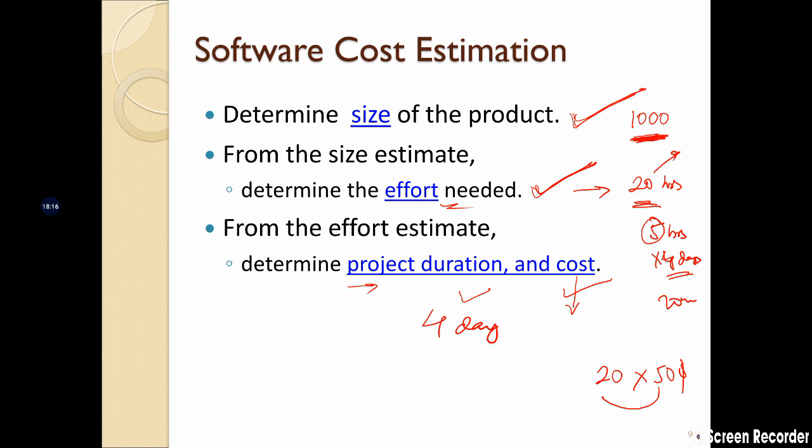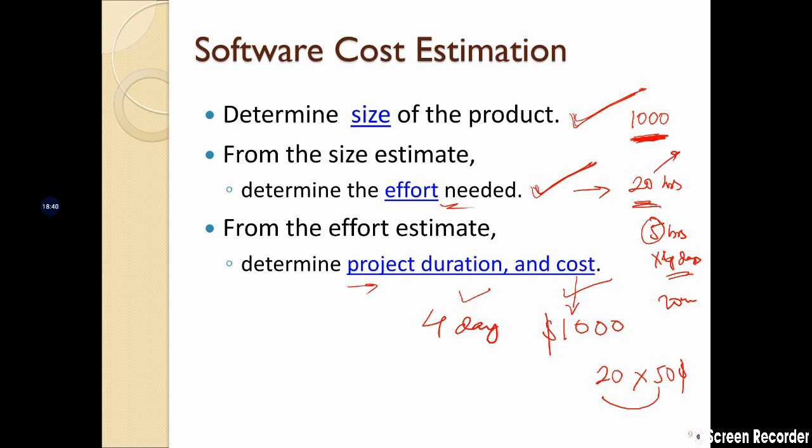The cost is going to be $1,000. So this is roughly how you can find out the cost of a software. I hope you are able to understand this. In case you have any doubts, you can always reach out to me. Please send me a message and I can explain this once again. So this is just a brief way by which you can find out the cost of a software.